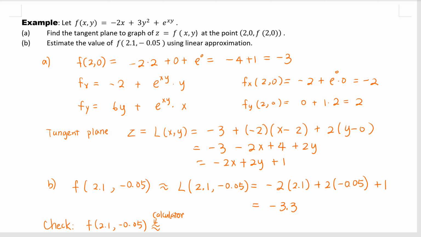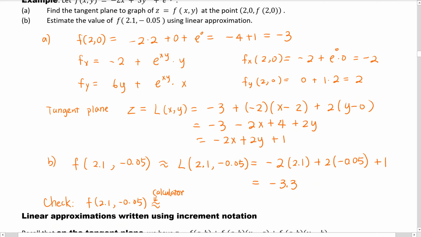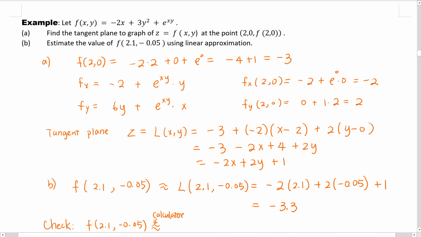And then plus e to the, so 2.1 times negative 0.05. Okay, so my answer, you can also plug in your calculator and see whether we have the same answer. I get negative 3.292175477. Are they close? Yes. That means, very good. So far, so good.